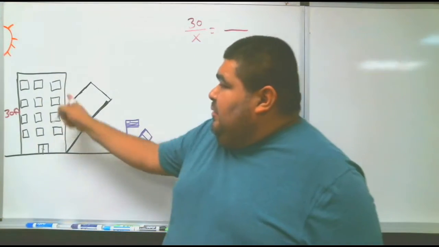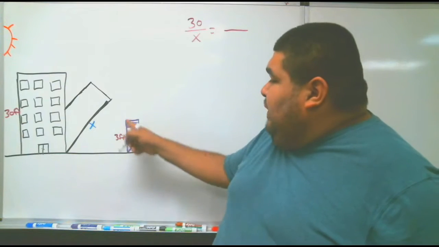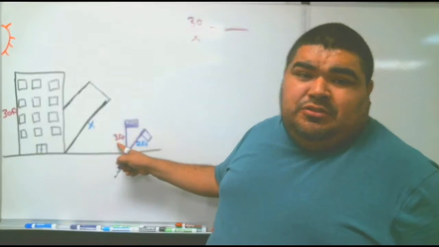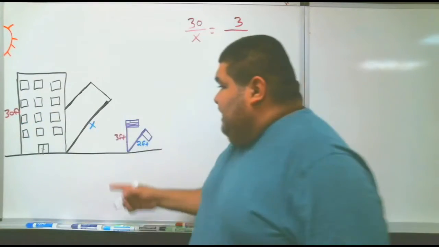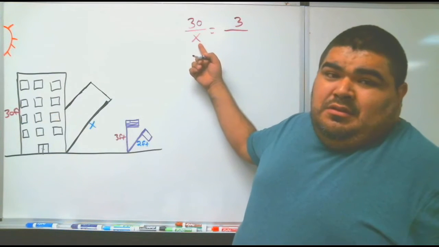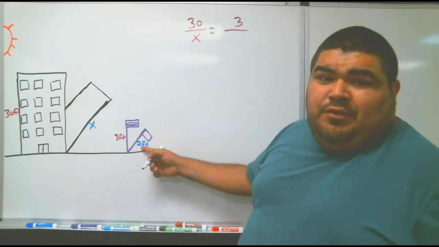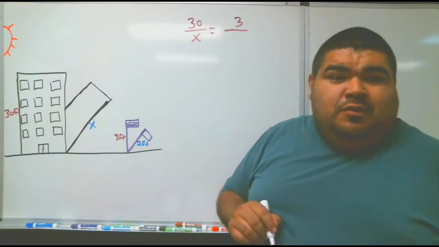Since we use the solid, we have to use the solid here as well. The flag is the solid one, which is 3 feet. So we have 3. Then we have our shadow, which was x. Now we do the same thing for the flag's shadow, but this time we have a number. So we put 2 for the shadow.